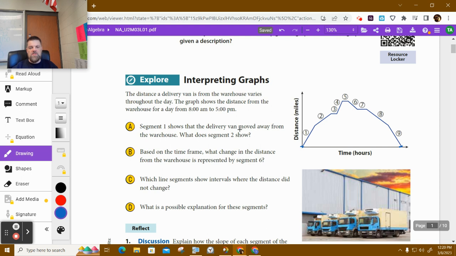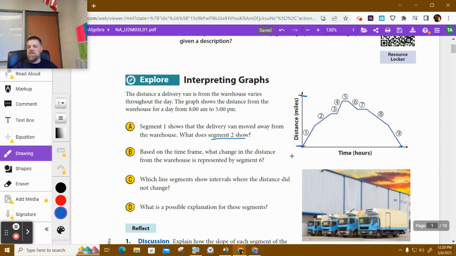So segment 1 shows the delivery van moved away from the warehouse. What does segment 2 show? Well, it moved away from the warehouse too because it's further up. Remember, the higher up we go, the further we are away from the warehouse.